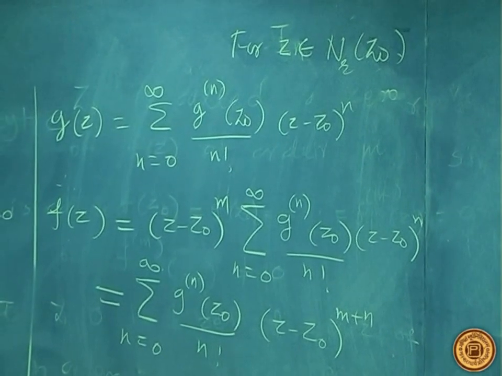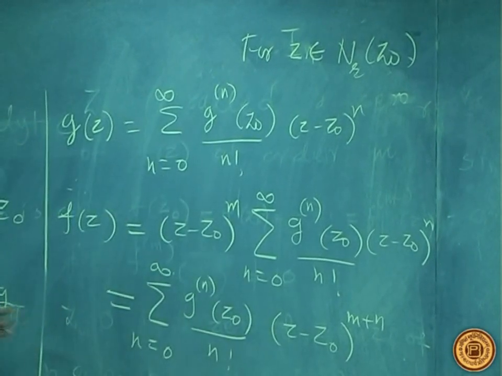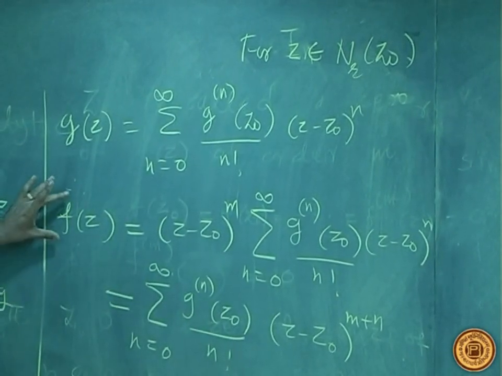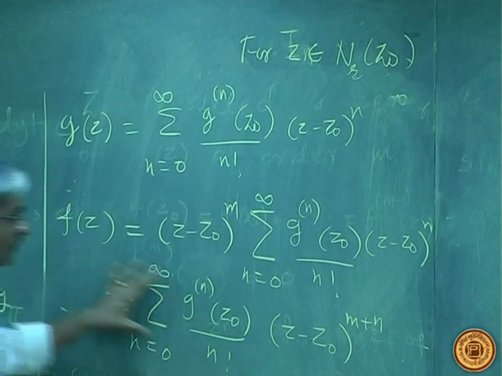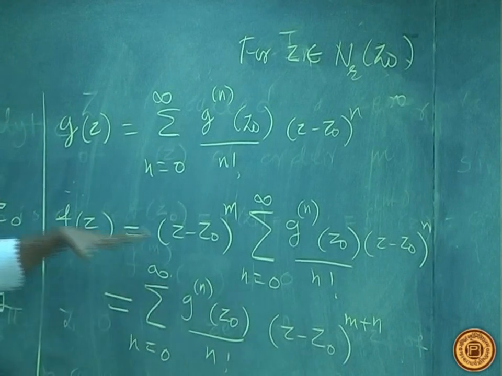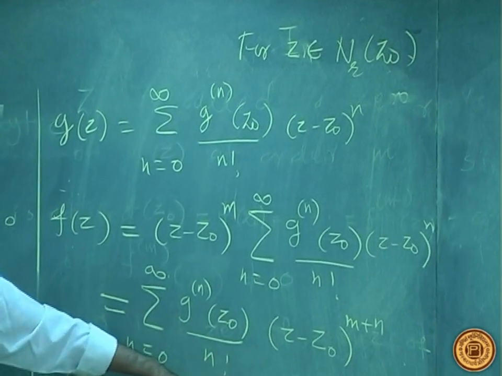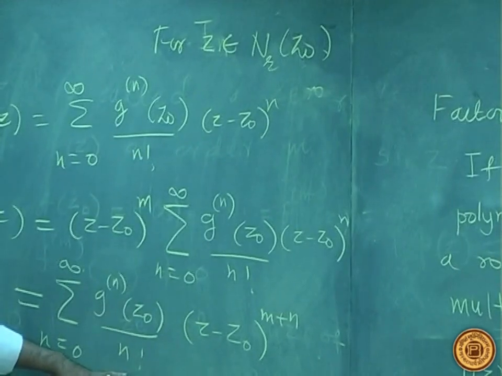We have already seen that. And then by uniqueness of the Taylor series, which is also an important point, if function F has a power series expansion in the neighborhood of Z naught, then that has to be the Taylor series expansion of F in the neighborhood of Z naught.